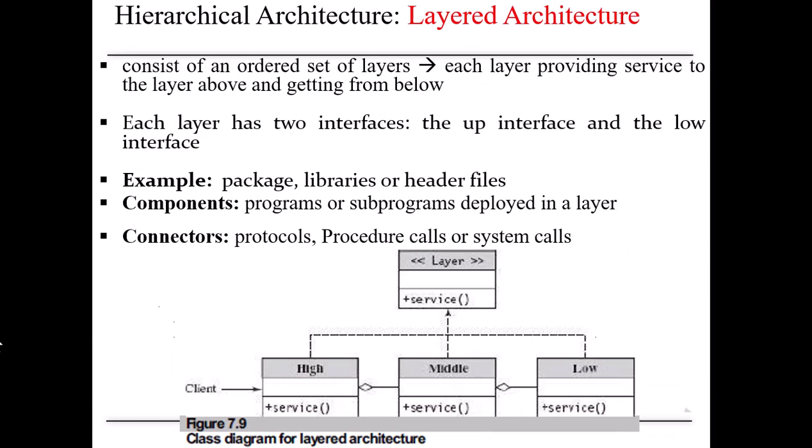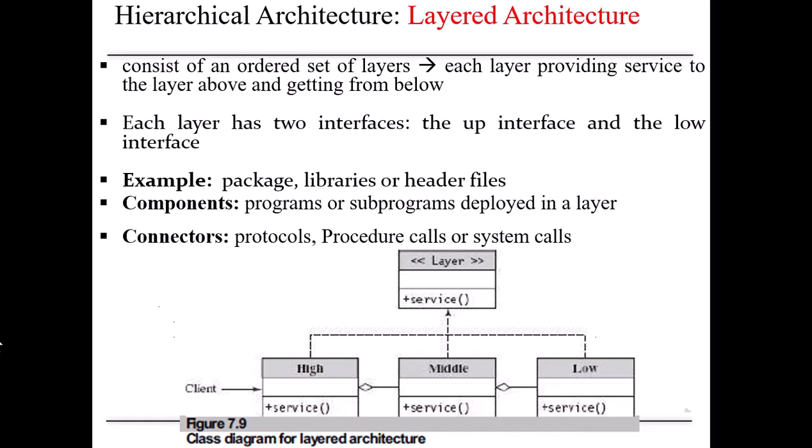This was all about the layers. Now let us discuss the layered software architecture. It consists of an ordered set of layers such that each layer provides a service to the layer above or gets service from below.